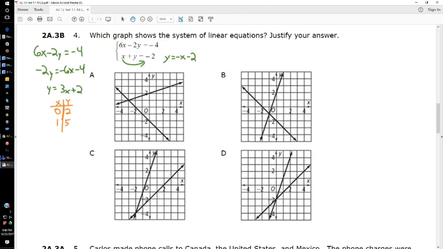So there's that one. For this one, when x is 0, y is -2. When x is 1, that's -1, minus 2 is -3. So those should be the points that we should see. (0, 2) and (1, 5) are on the board.